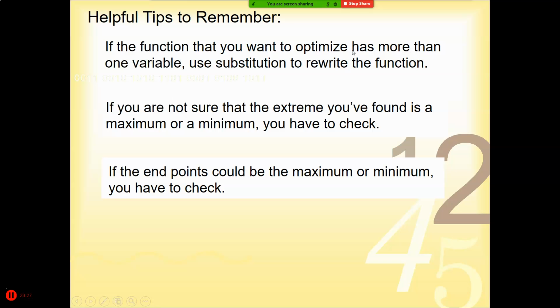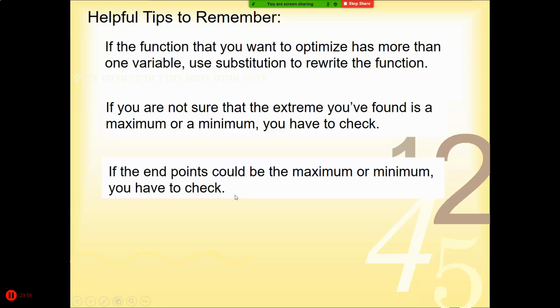If the function that you want to optimize has more than one variable, we go back to the days of substitution, which is actually what my Algebra 2 kids have their test on today. If you're not sure that the extreme value you found is the max or min as you were requested to find, you can always check it using our first derivatives number line chart, which is what we've done a couple times as well. If the endpoints could be a maximum or minimum, you have to check.